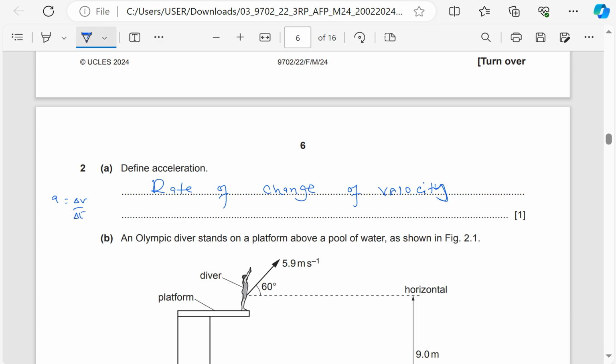In the previous marking, if a student says rate of change of velocity per unit time, this is a contradiction. It's like defining rate of change of rate. So you must define it as rate of change of velocity or change in velocity over time, but not rate of change of velocity per unit time. That is a repetition. So it's just a matter of saying rate of change of velocity.